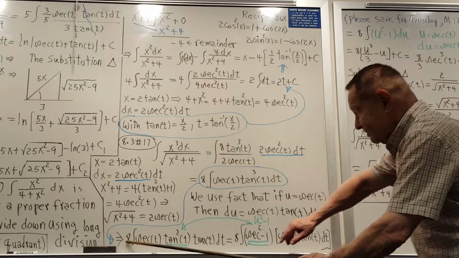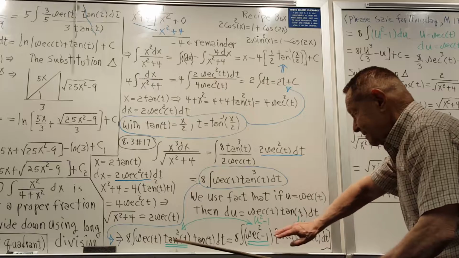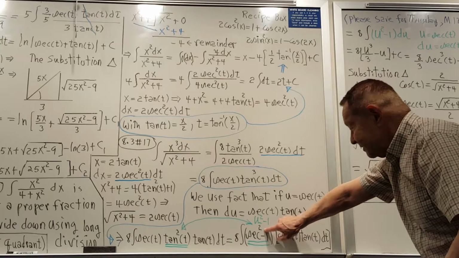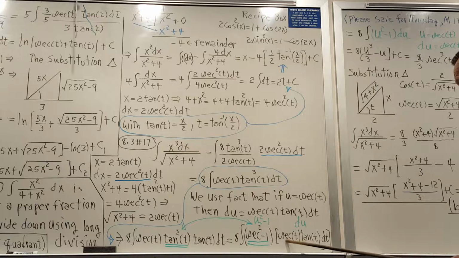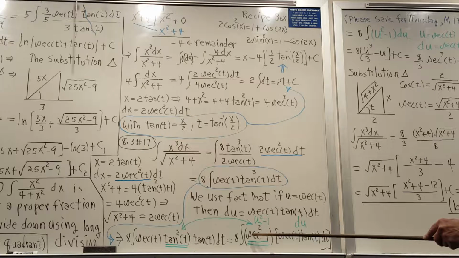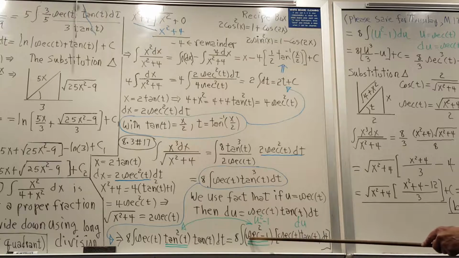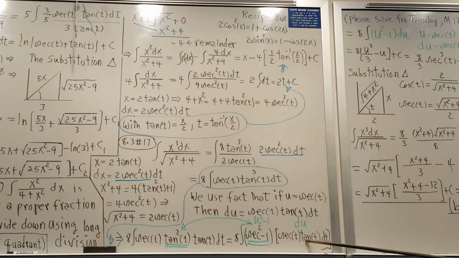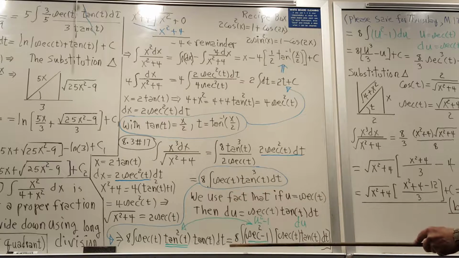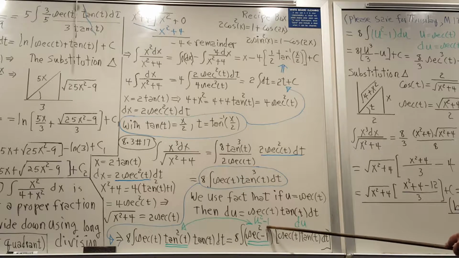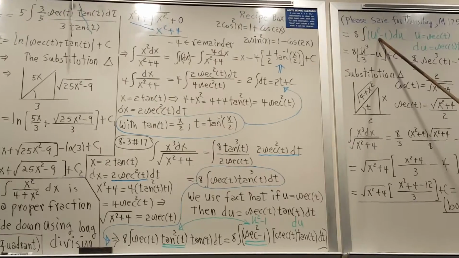So I have this 8 is here. My tangent square is secant square minus 1. My secant is here, and I put it with the tangent because if u is secant, so this is u square minus 1, secant tangent dt is du. So finally, my integral here is 8 u square minus 1, all this is du, which I wrote up here.